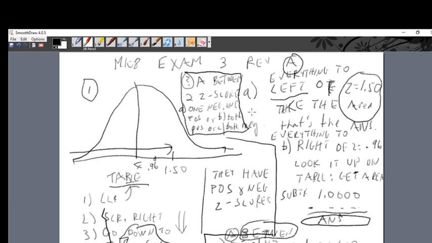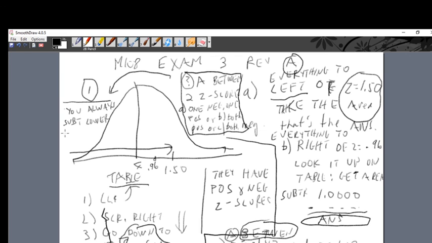Let me put it right over here. I don't want to get this on one video. You always subtract. Look up the two areas on your table, and you always subtract the lower one from the higher.